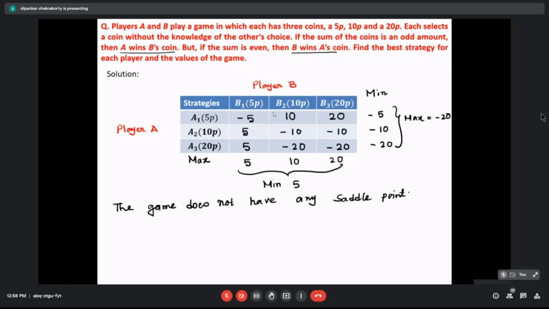Anyone? Okay. If you look at B2 and B3, look, this 10, 20. That means this is less than or equal to, this is less than or equal to, this is less than or equal to. That means each element of B2 is less than or equal to B3.